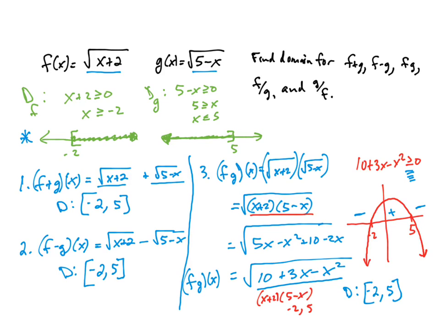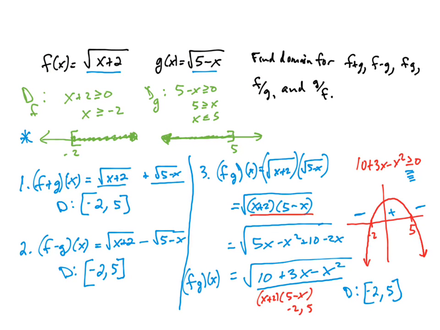Now I'm kind of running out of room. Let's go to another page. So the critical values were -2 and 5. And what we want to do is we want to see in each of these intervals, do we get positive or negatives? And we're going to get negative, positive, negative. We care about the positive interval, so we care about this interval right here. So that's -2 to 5.